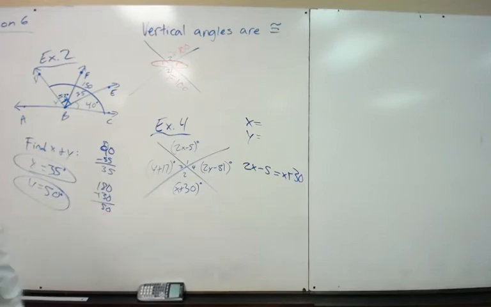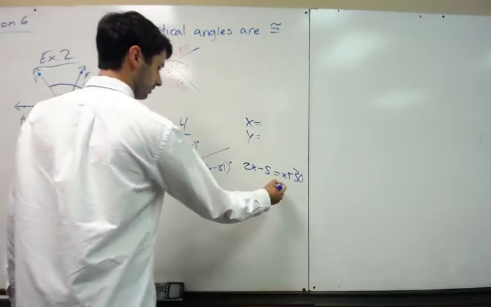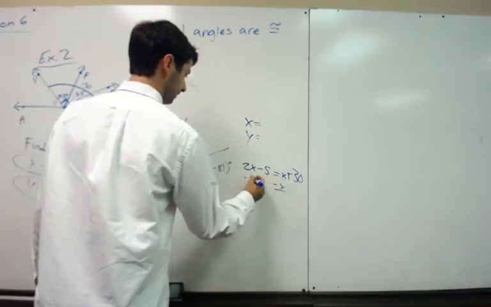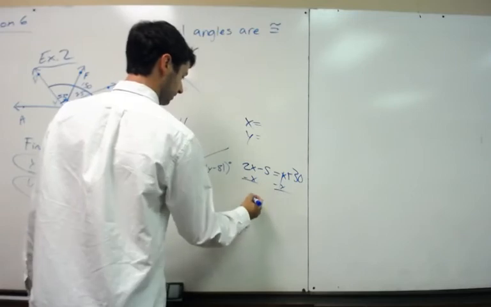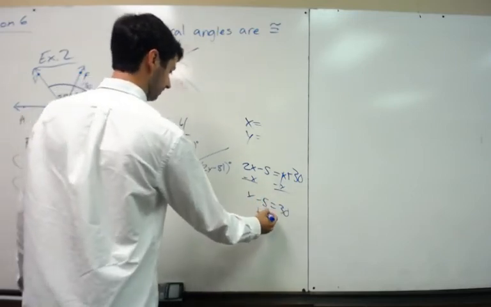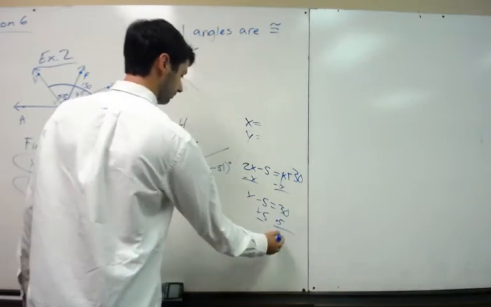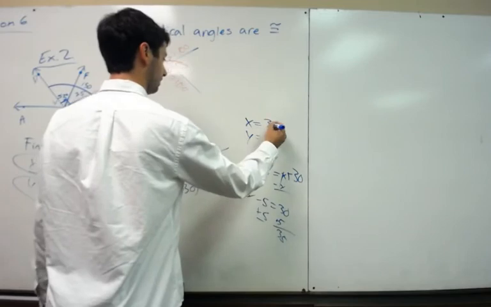And now we have an algebraic equation and we can simply solve. We got one variable in x, so we solve for x. Subtract x, do both sides. x minus 5 equals 30. Do the opposite of subtraction. x equals 35.